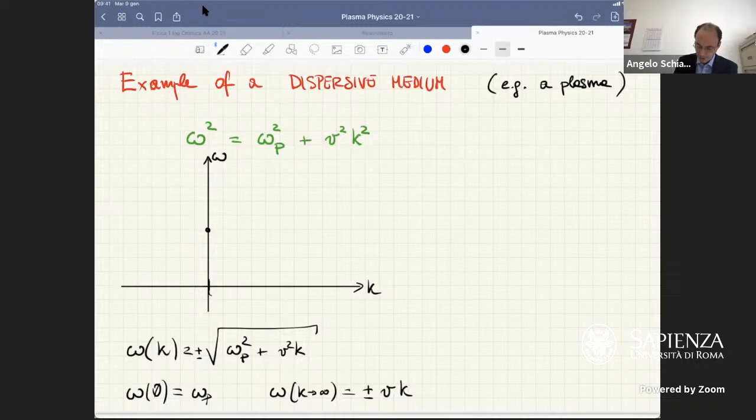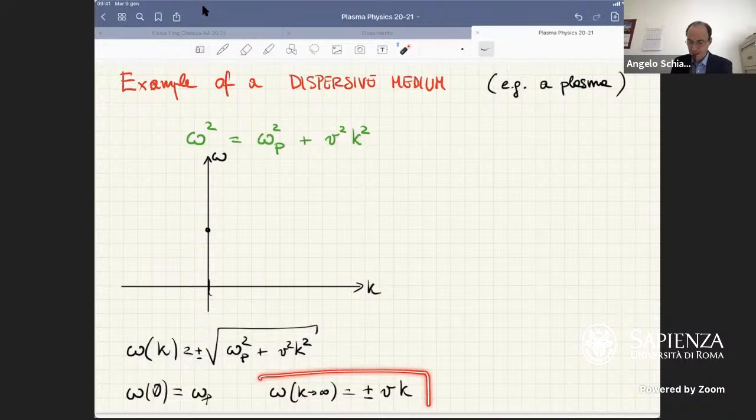I forgot a square here, k squared. So for very large k, the dispersion relation is approximating the non-dispersive relation that we had before, representing a straight line.